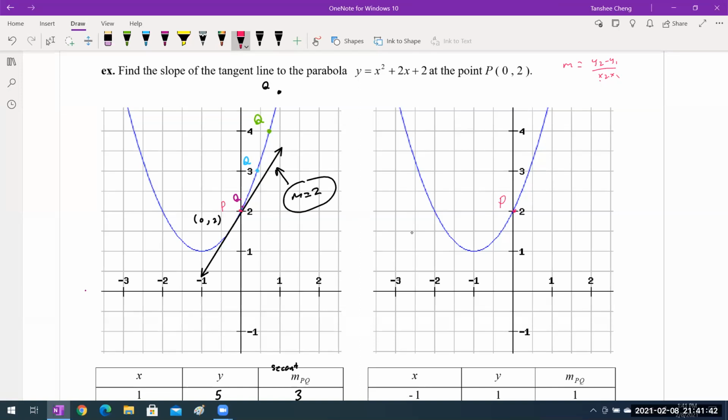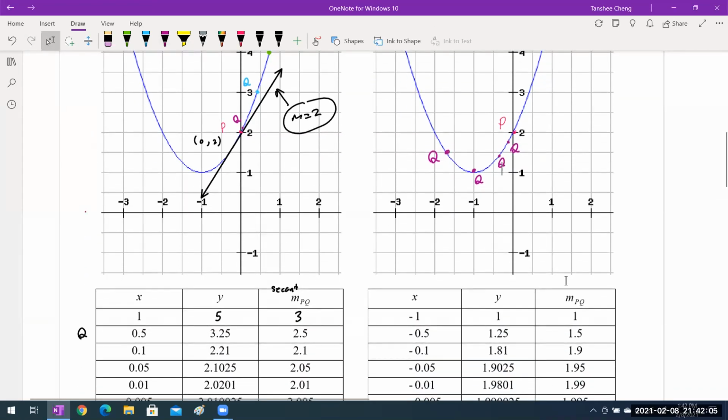So here's my P, and if I move my Q from the left-hand side, starting from here and getting closer and closer to P, will the prediction of the slope of the tangent line be the same or not?